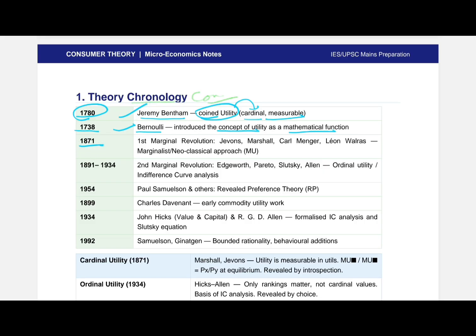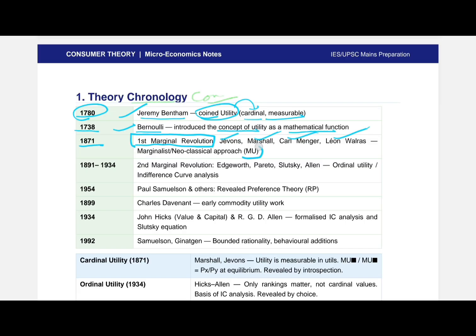In 1871, the first marginal revolutionary economists were Jevons, Marshall, Karl Menger, and Leon Walras. Sometimes they will ask about who are the first marginal revolutionary economists, and sometimes they ask about the second revolutionary. Why do we call them the first marginal revolutionary economists?